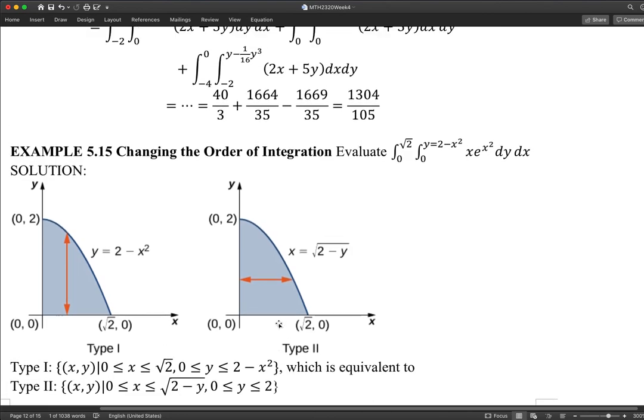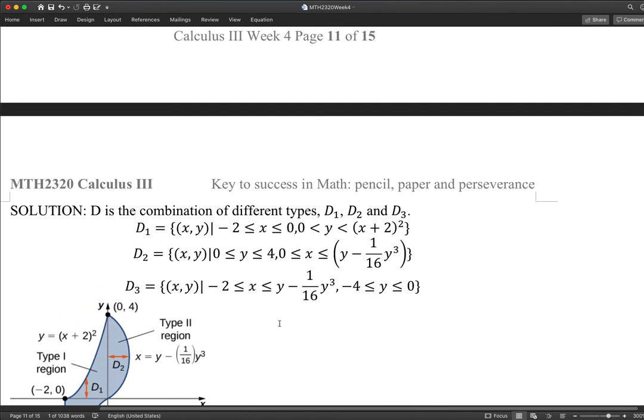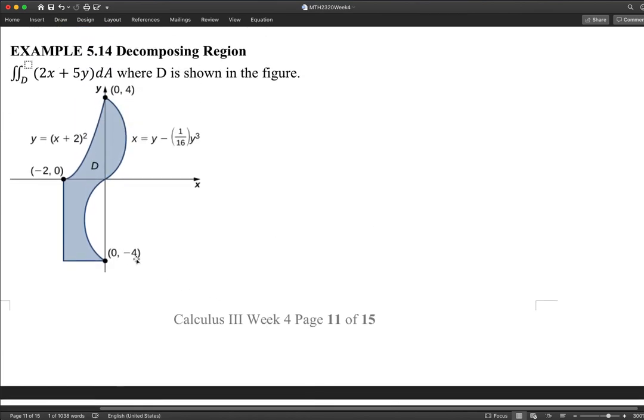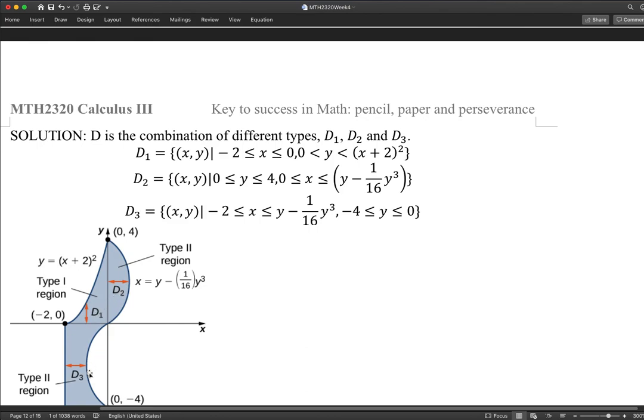And there's another trick worth mentioning, type 1, type 2 regions. Like the other example we did, this region really cannot be identified as a single type 1 or type 2. Indeed, it is divided into 3 subregions, the so-called D1, D2, D3.